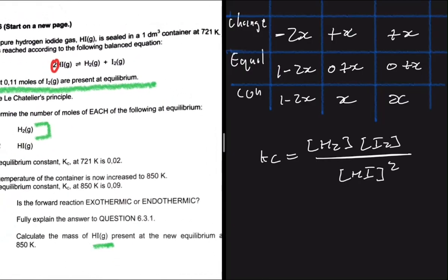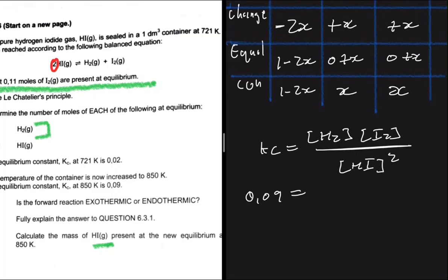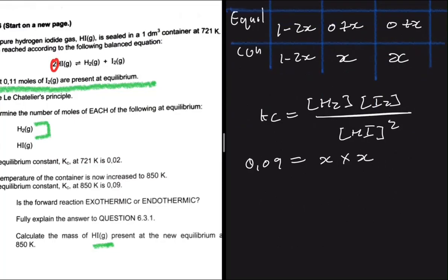Let's go ahead and substitute. In place of Kc, we're going to have 0.09 being equal to the concentration of H2, that is x, the concentration of I2, that is x again, and then everything divided by 1 minus 2x to the power 2.